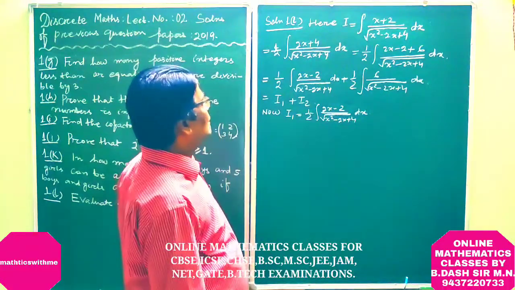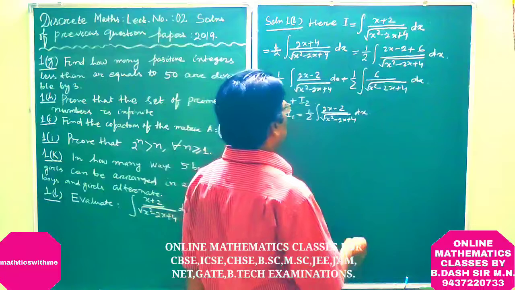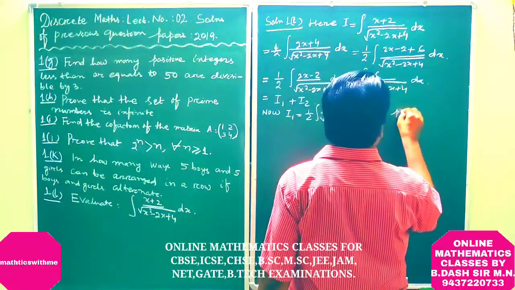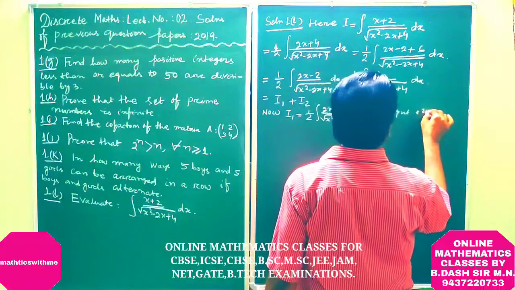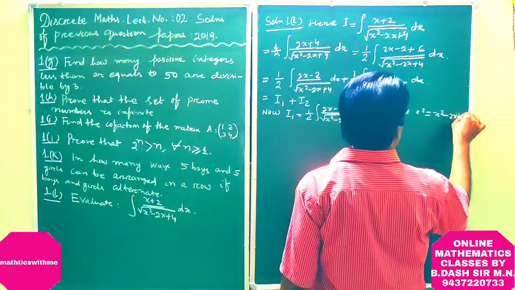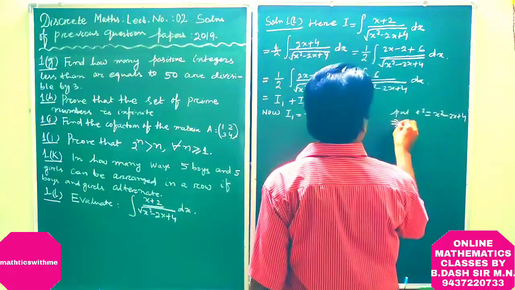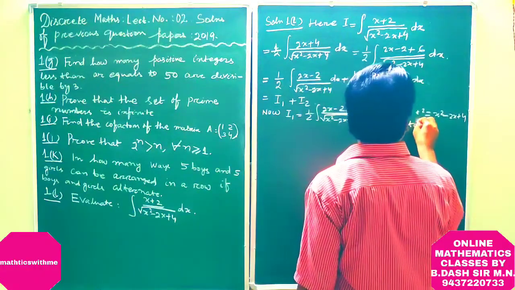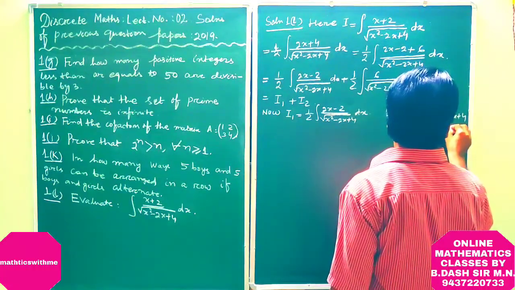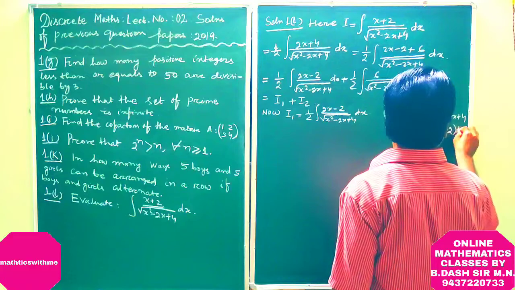Now I1 is equal to 1 by 2, integral of 2x minus 2 over root of x square minus 2x plus 4 dx. Here put t square is equal to x square minus 2x plus 4. This gives 2t dt is equal to 2x minus 2 dx.